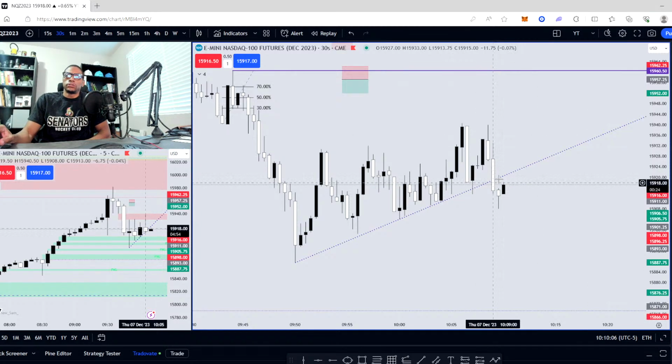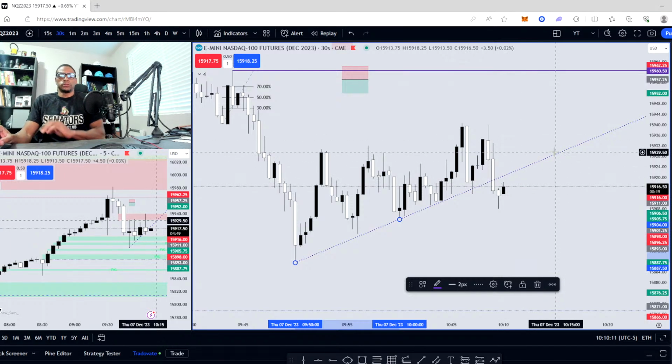Okay, we had our first close on the other side of this trend line, which may signal that its slow upwards build is over.